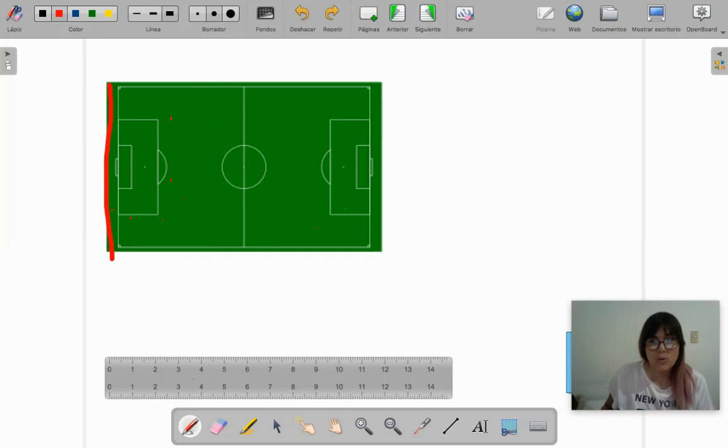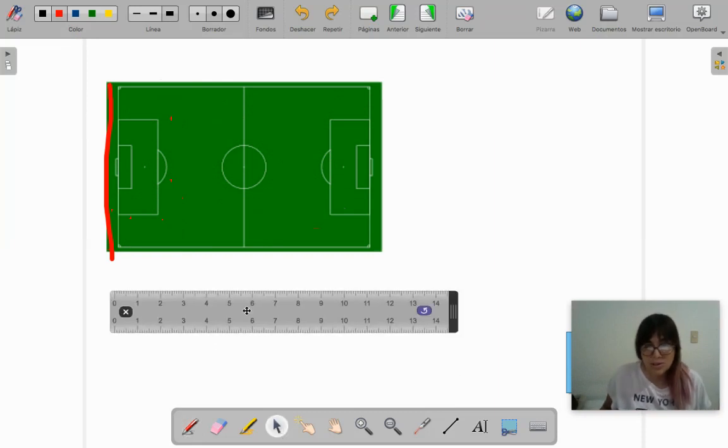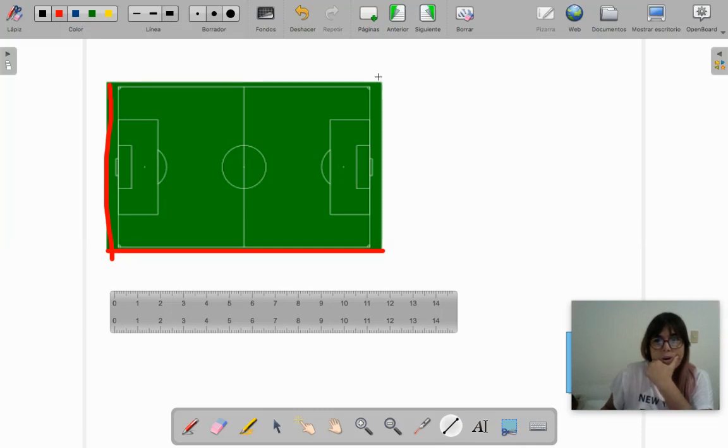So with the ruler, we cannot do that because the ruler is just to measure a straight line. With the ruler, we can measure this, or this, or this.